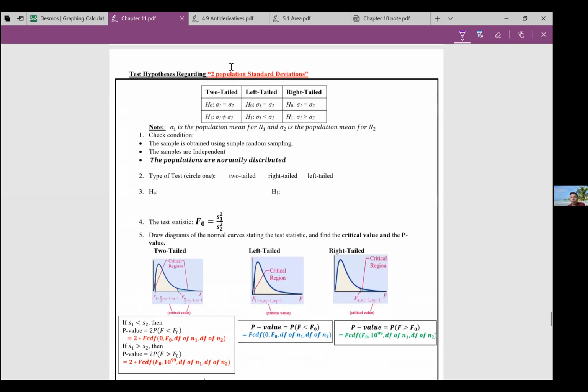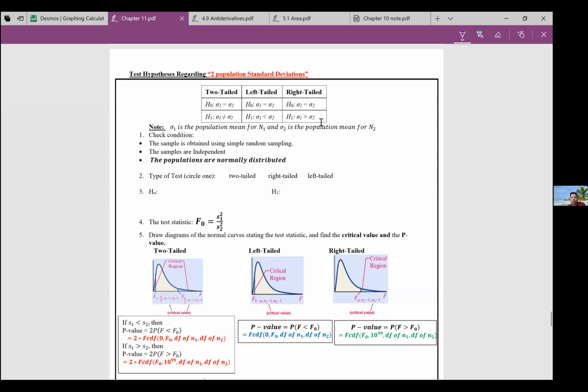All right, so the setup for hypothesis testing will be sigma 1 equal to sigma 2. That's always the initial claim, right? You have two populations, but they should be equal to each other. And then the alternate hypothesis: sigma 1 not equal to sigma 2, sigma 1 less than sigma 2, and sigma 1 bigger than sigma 2.